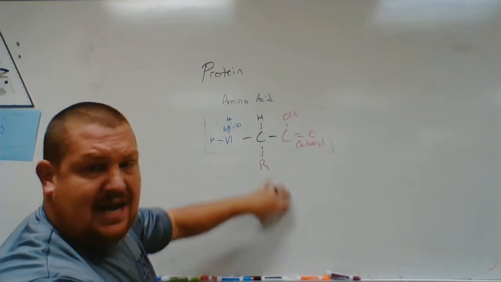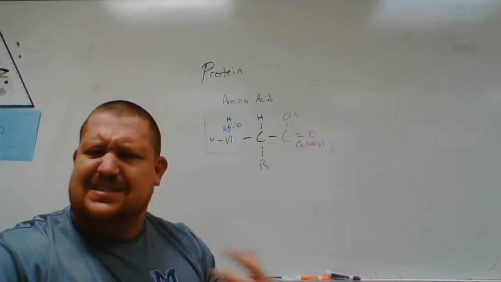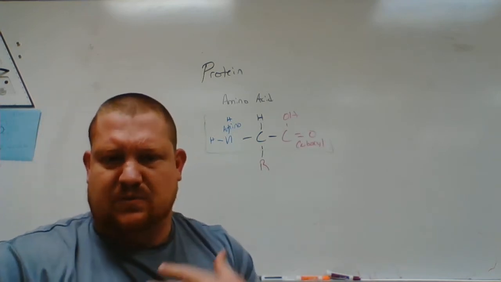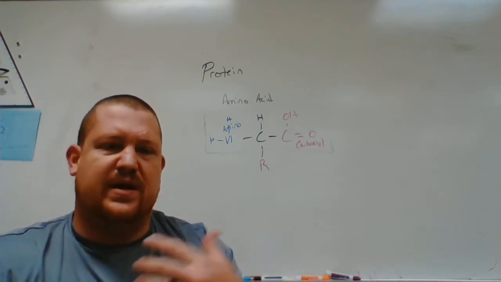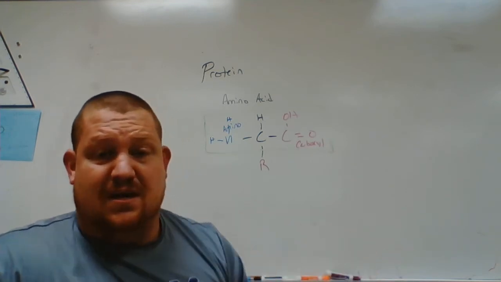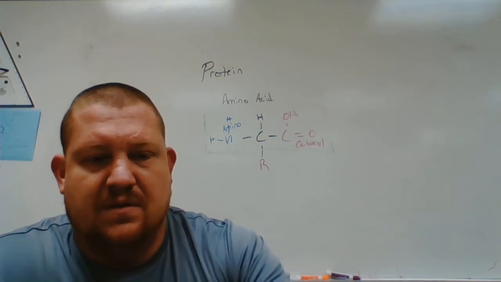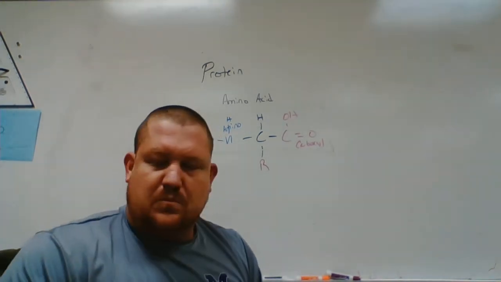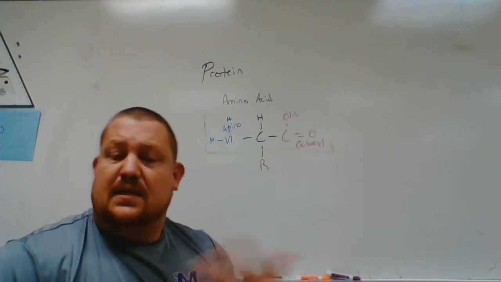When you start looking at the side chains, the R group, you start to see some different things happen. This is what gives each amino acid its properties, whether it's polar, nonpolar, whether it has a positive charge, negative charge, no charge, things like that. Sorry, I didn't know my computer was playing something. But that's our amino acids.